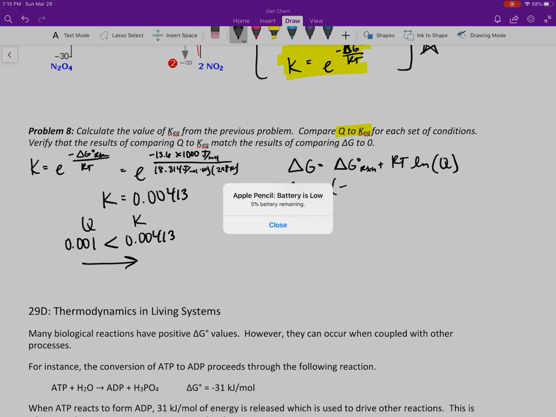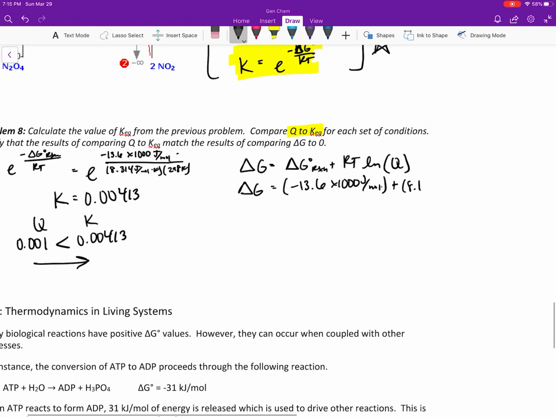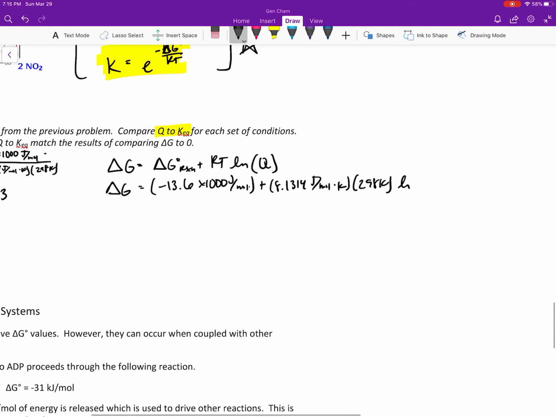My delta G of the reaction is going to be the same as the top part up here, plus R, 8.3145 joules per mole Kelvin, times the 298 Kelvin, times the natural log of the quotient, which I calculated to be 0.001 in one case and 1,000 in the other.